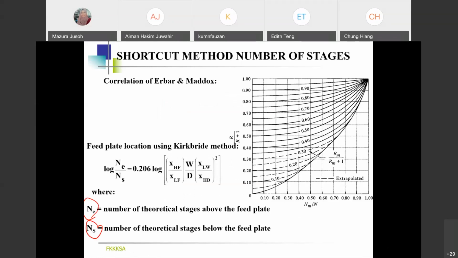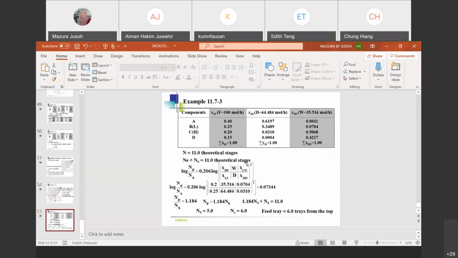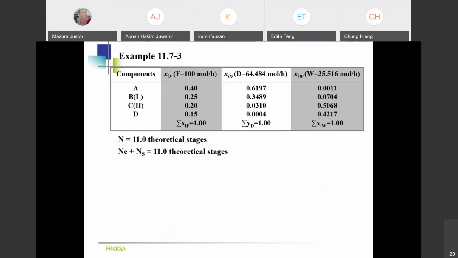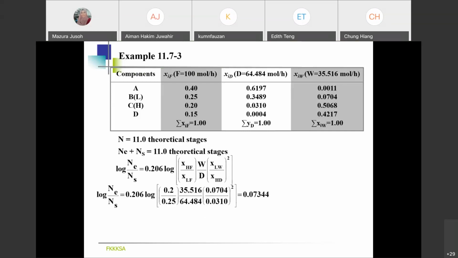So if you look at these slides again, you want to be calculating the feed tray. Where do you actually introduce or put your feed into the column? What you have to use is this formula.